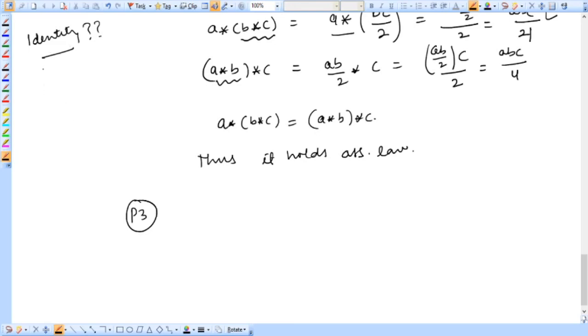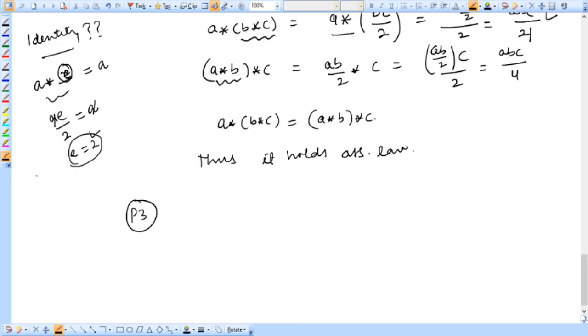We want to find such an element which when operated with a, let us assume such element is x or e, identity is generally denoted by e, we get back a, right? So as we know, here star is defined as ae divided by 2, which is equal to a. Now cancelling this, we get e is equal to 2, that is identity is equal to 2.